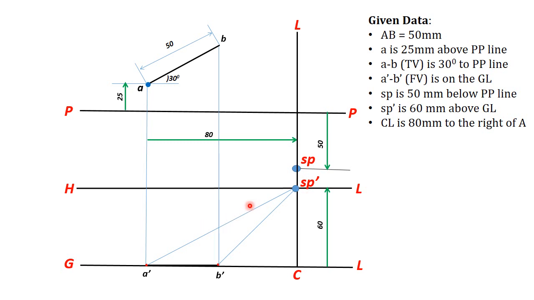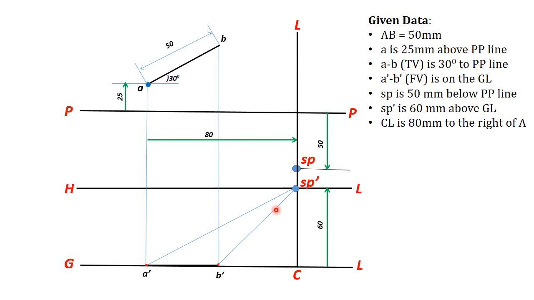These are the front view visual rays: the line connecting the station point's front view and the front view points of the object. So SP dash A dash is one front view visual ray. SP dash B dash is another front view visual ray.